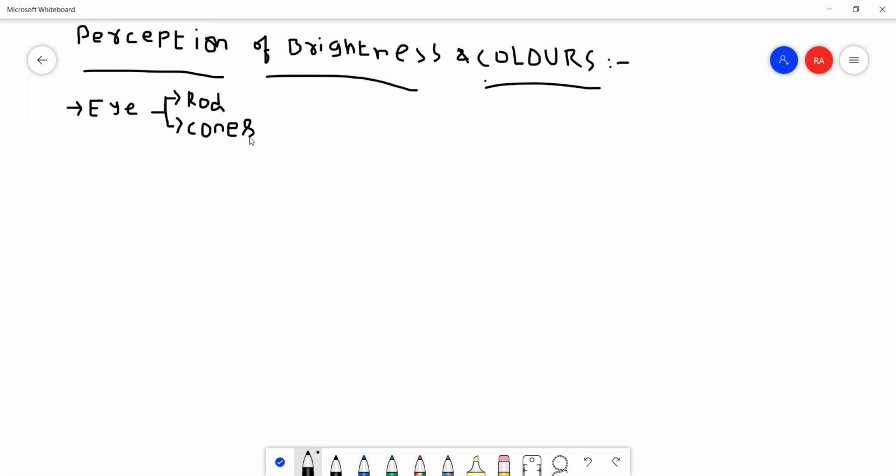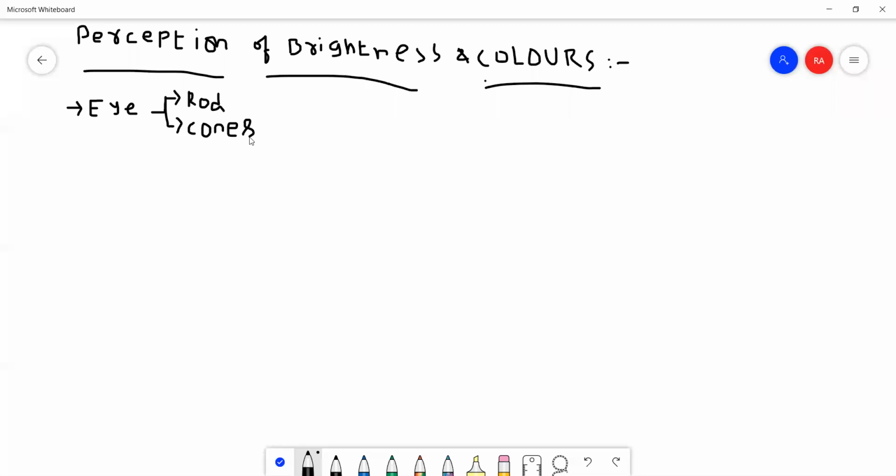So all objects that we observe are sharply focused by the lens system of the human eye on its retina. The retina is located at the back of the eye, with light sensitive organs which are connected through the optic nerve to the optic center of the brain.